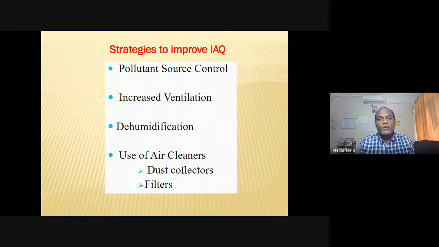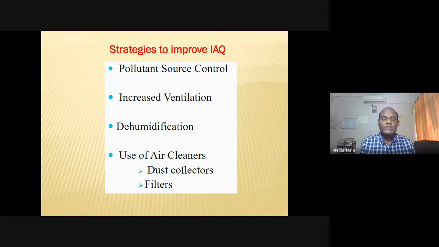Dehumidification. Humidity is water vapor present in the air. So we need to dehumidify also. Humidity should also be controlled as per the ASHRAE requirements. A perfect defined criterion of humidity is given. 60% humidity gives us better comfort, and humidity should be maintained.